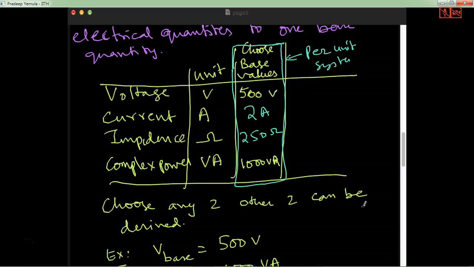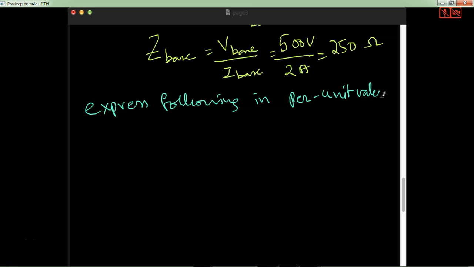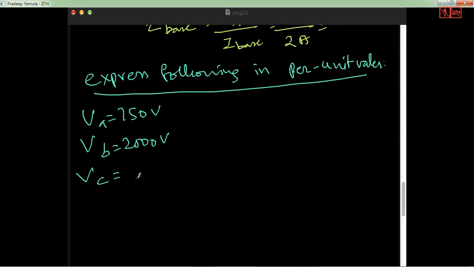So for example, express the following in per unit system. So let's say VA equal to 750 volts, VB equal to 2000 volts, VC equal to, let's say, 100 volts.